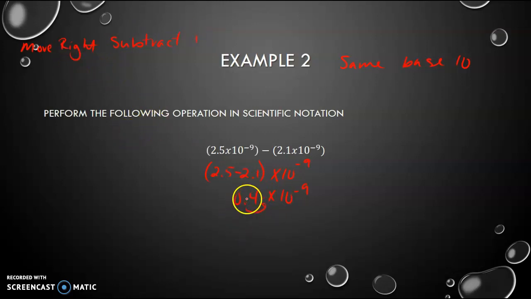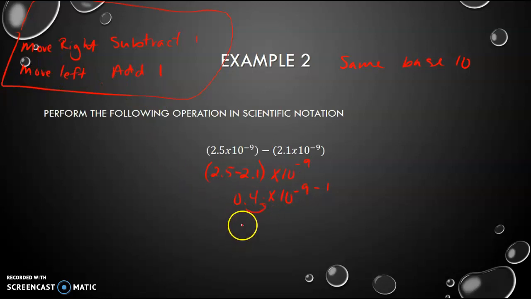So here, where we moved right 1, then I'm going to subtract 1 from my exponent. If I have to move my decimal left, which is the opposite of right, then we're going to add 1 to our exponent. So this is important information right there. If you move right, you're going to subtract, and if you move left, you're going to add.